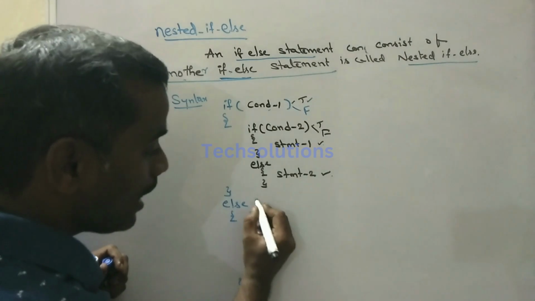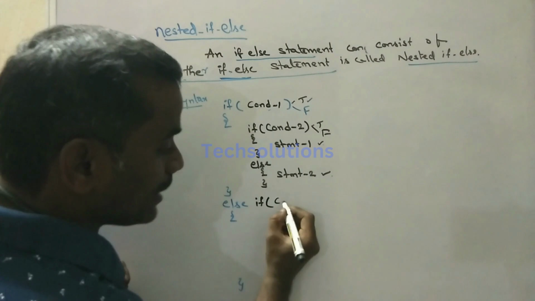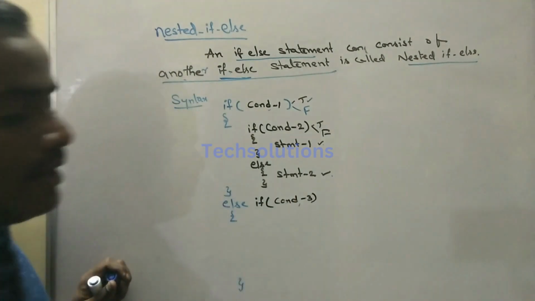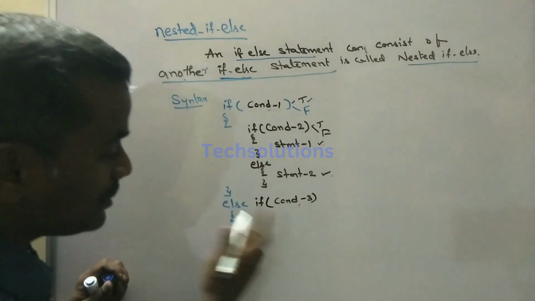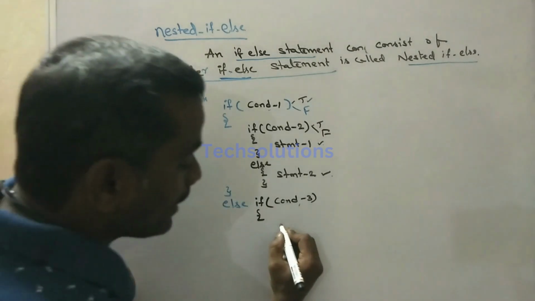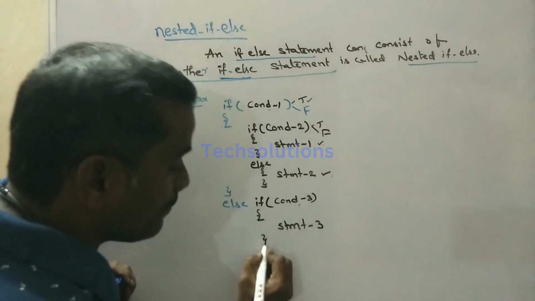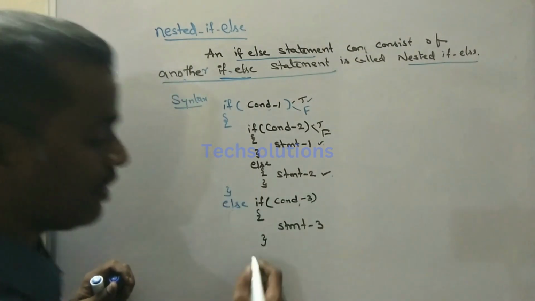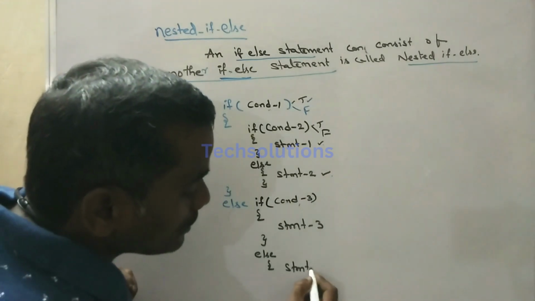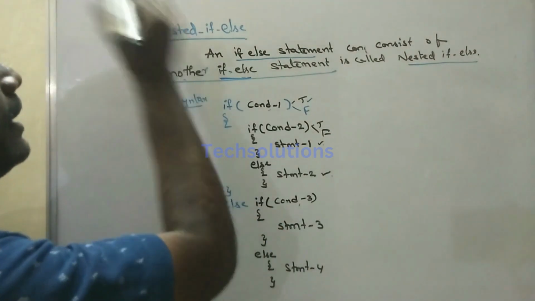In this else part, again I have to put one more if statement: if condition 3 is true, I can execute some statement 3. Otherwise, if condition 3 is false, I go to the else and execute some statement 4. This is the syntax for the nested if else.